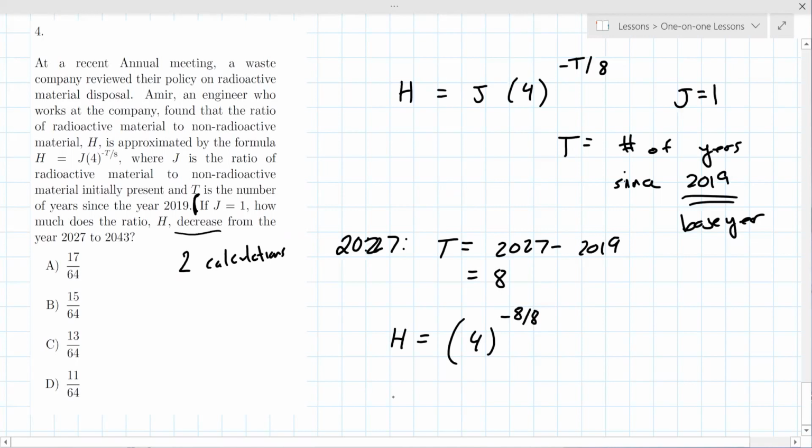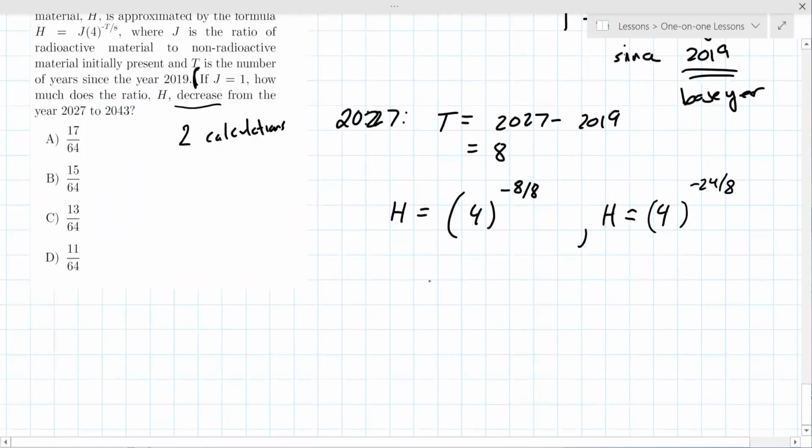And then for 2043, it's 4 to the power of 2043 minus 2019 is 24, and that's minus 24 over 8. So here's what the problem is really asking you to do. Subtract these two values, 4 to the minus 1 minus 4 to the minus 3 power. So 1/4 minus 1 over 64.